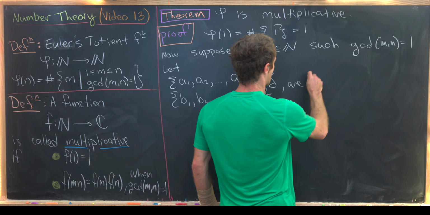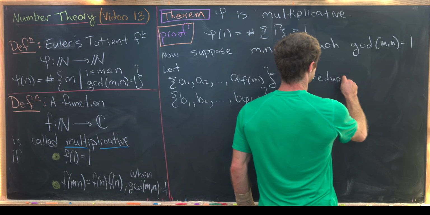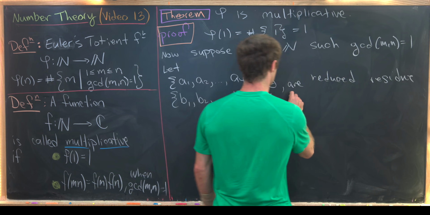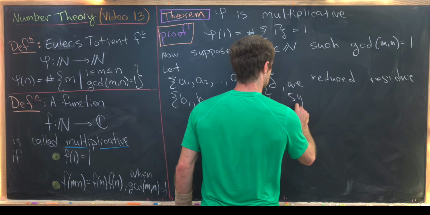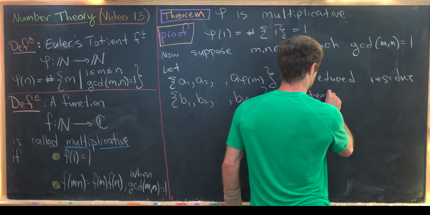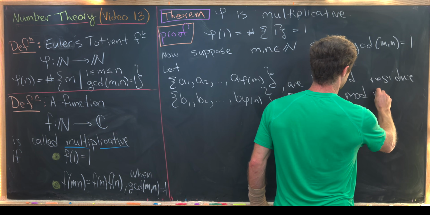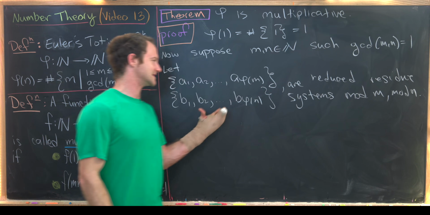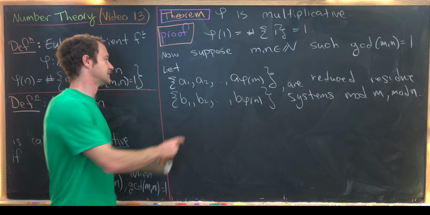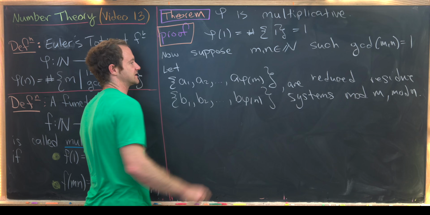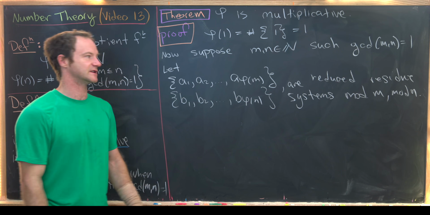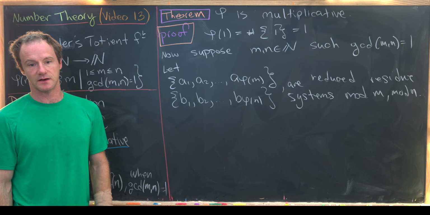So these are reduced residue systems mod m or mod n, as the context dictates. Obviously this first one is a reduced residue system mod m, and this second one is a reduced residue system modulo n.